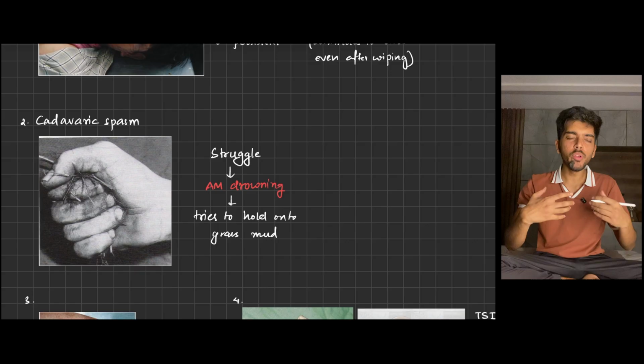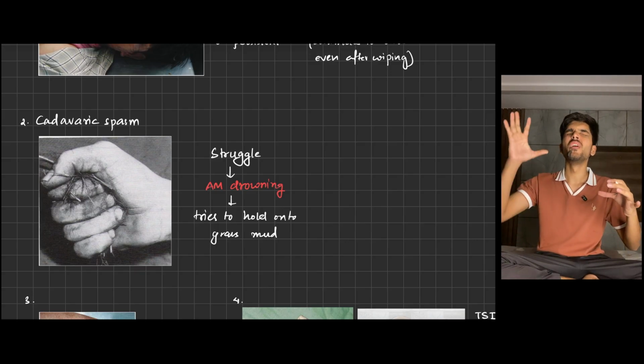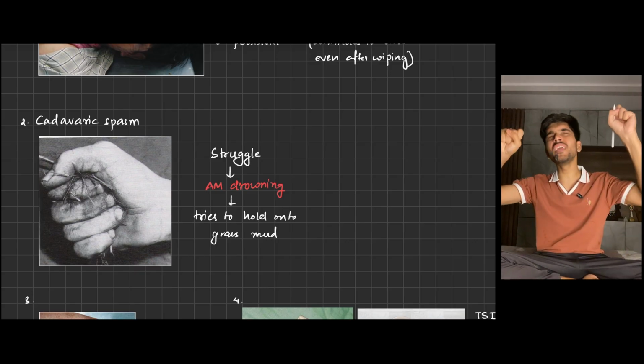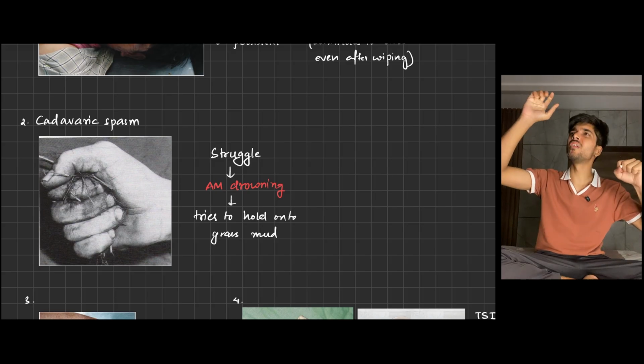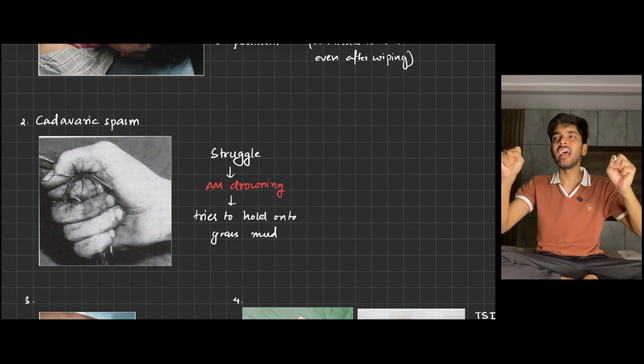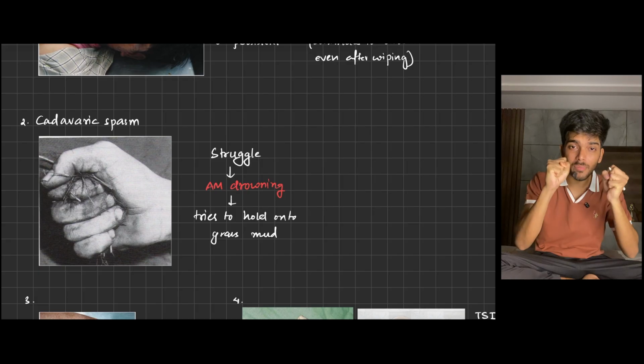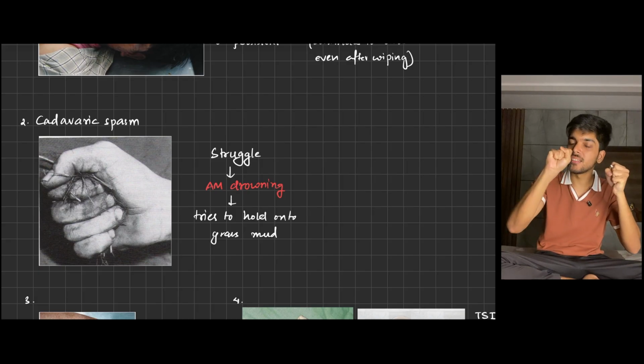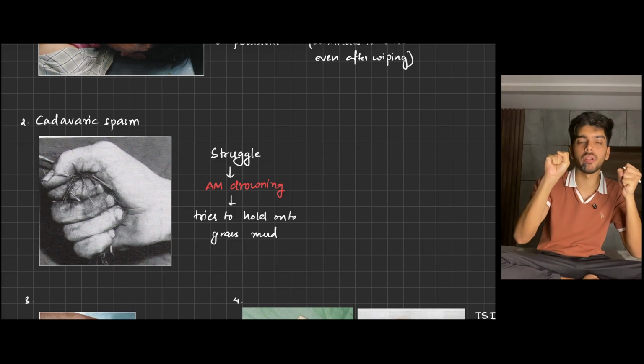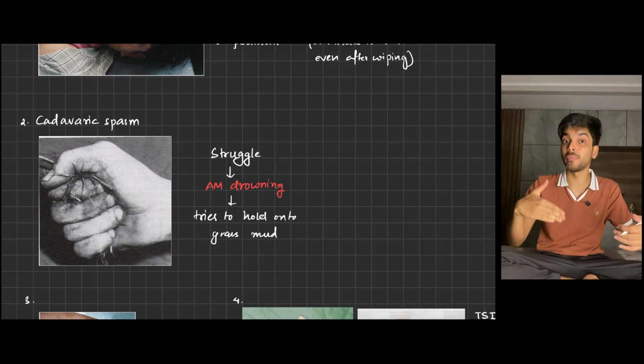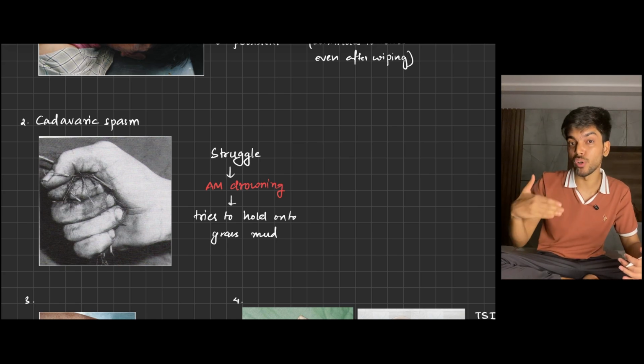See, when you are alive at the time of drowning, you try to hold on to anything to come out of that situation. You hold on to grass, you hold on to mud, and after death, you get spasm such that your hand is clenched, your fist is clenched, and you are holding on to that piece of grass and mud. This may not always be present, but if it is present, it is a sign of struggle and it indicates ante-mortem drowning.